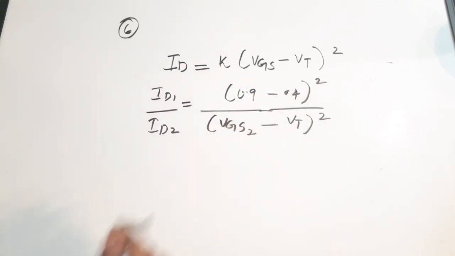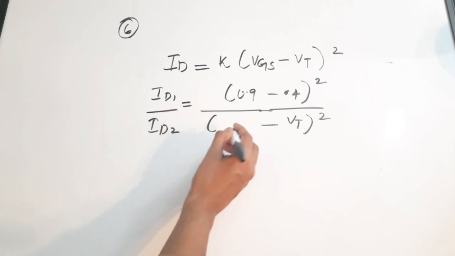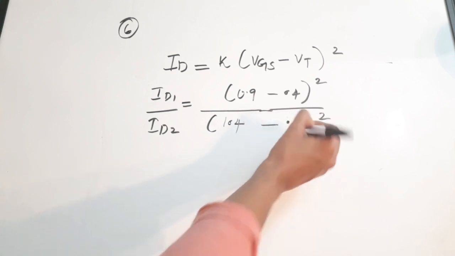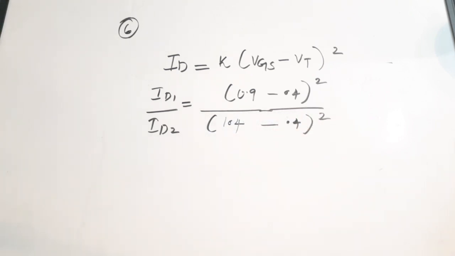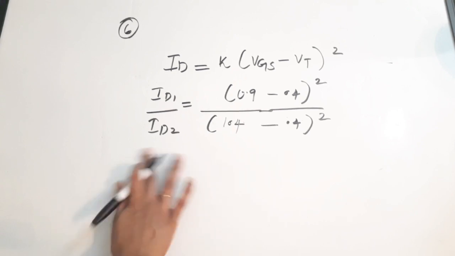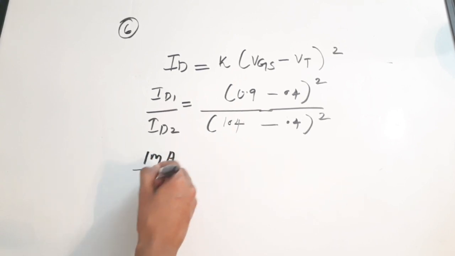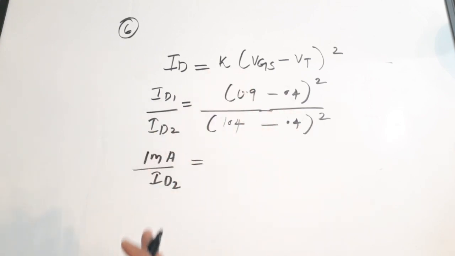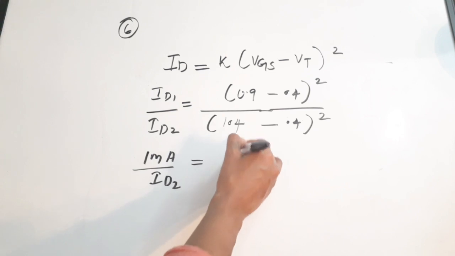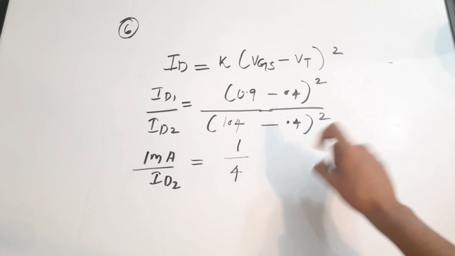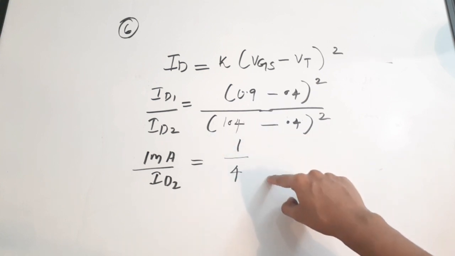Then VGS2 is 1.4, minus 0.4. So ID1, which is 1 milliampere, by ID2 will be 1 by 4 when you solve it.